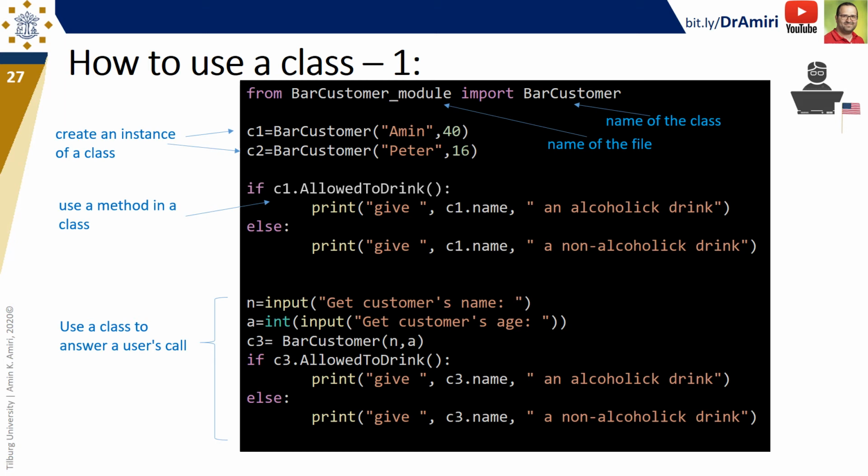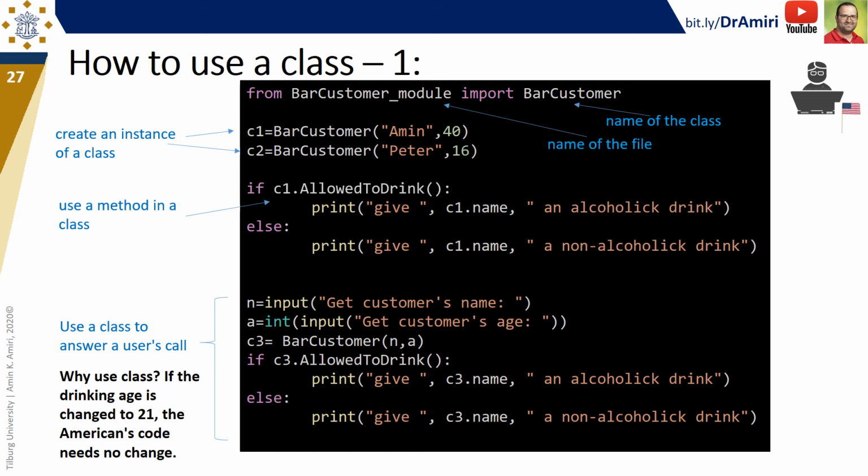So what is great about this? The great thing is that if the drinking age is changed to 21, then this code by the American does not need to be changed at all. You see, there's no 18 here.